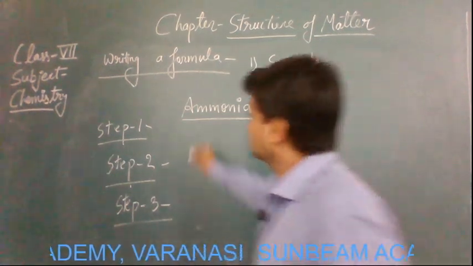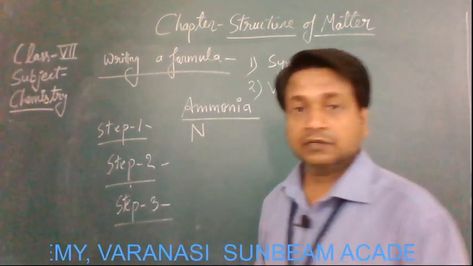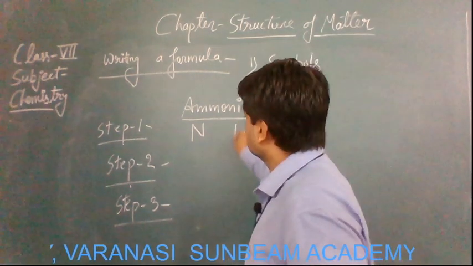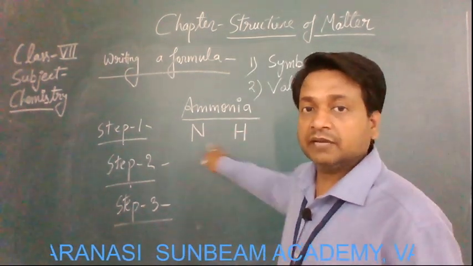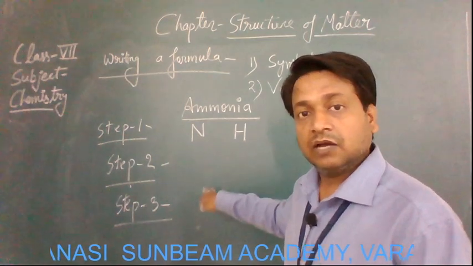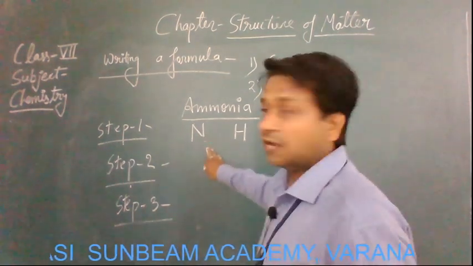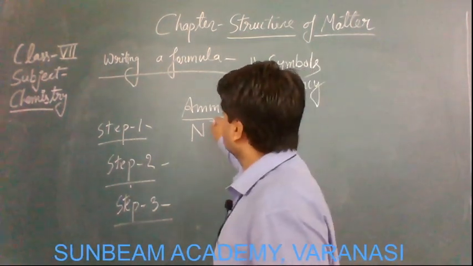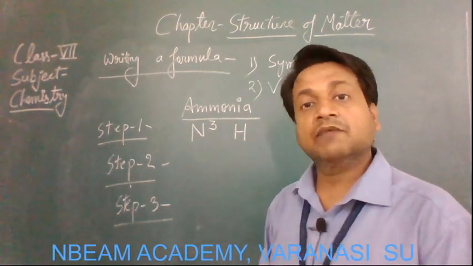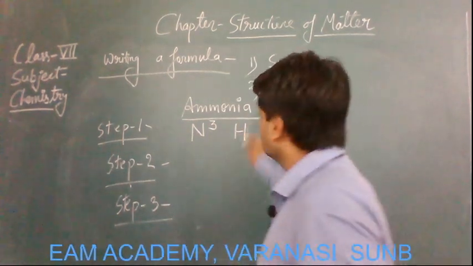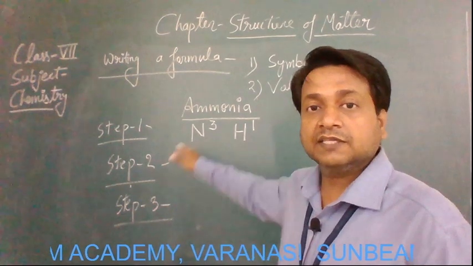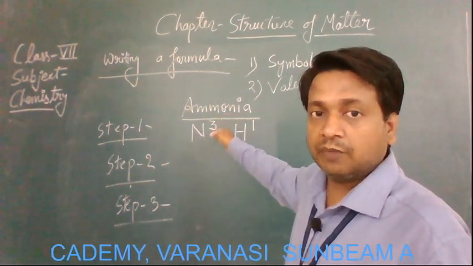The first one is nitrogen and the second one is hydrogen. So we will write them side by side. Now their valencies. The valency of nitrogen is 3 and the valency of hydrogen is 1. So we write these valencies as a superscript at the top.